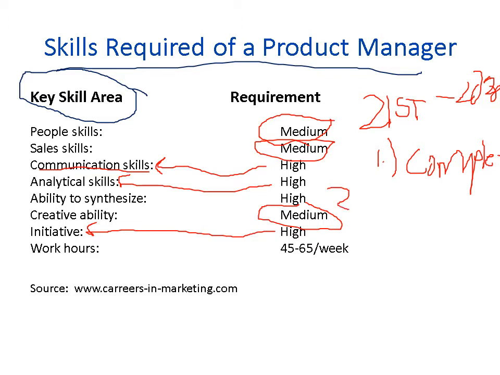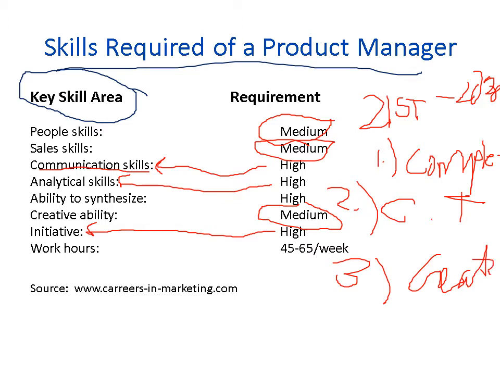Number two, critical thinking. And number three is creativity. So these are the top three 21st century skills that employers are looking for from fresh graduates. Number one is complex problem-solving skills.